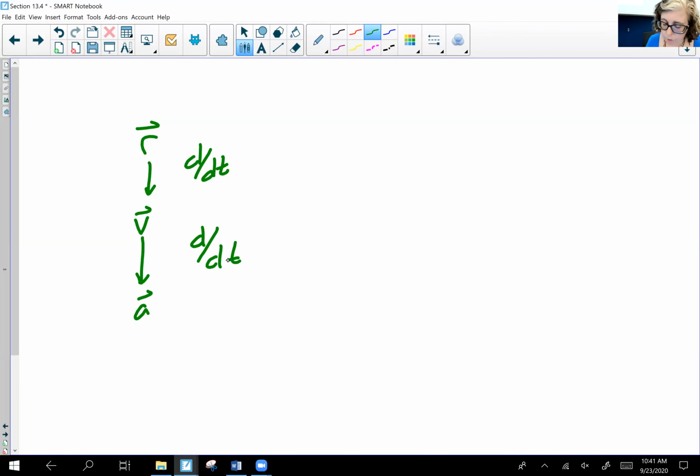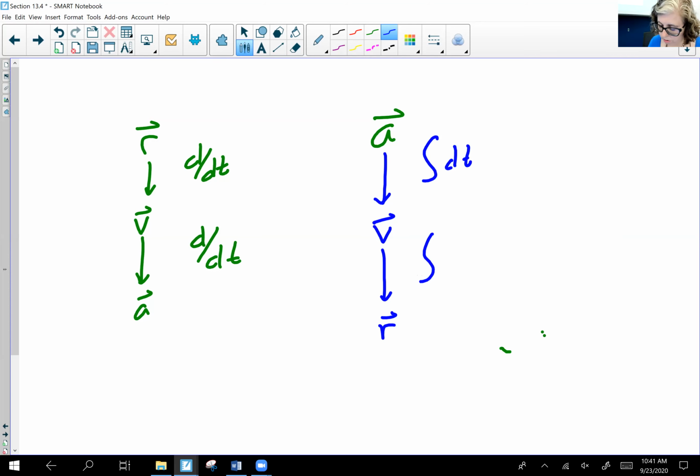All right, if you're going backwards, we're starting with the acceleration, and this is what we're going to do in this problem. To go from the acceleration to the velocity to the position, we're going to need to do integrals.